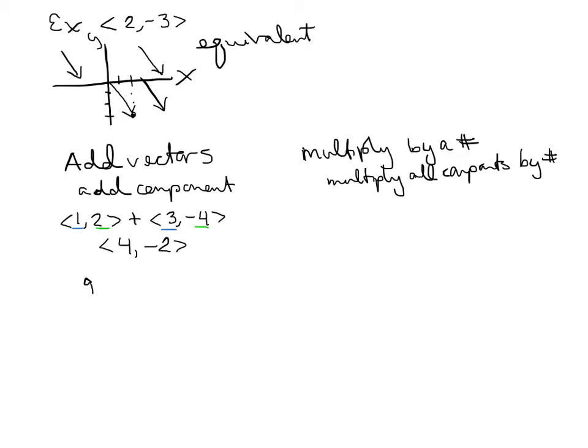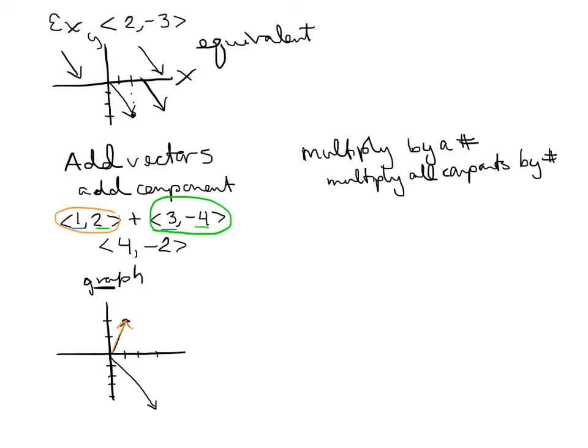And I just want to show you what this looks like graphically. If we take the vector ⟨1, 2⟩, there's that vector. And if I add on to it the vector ⟨3, -4⟩, there's the vector ⟨3, -4⟩. Now I want to add it on to the original vector.